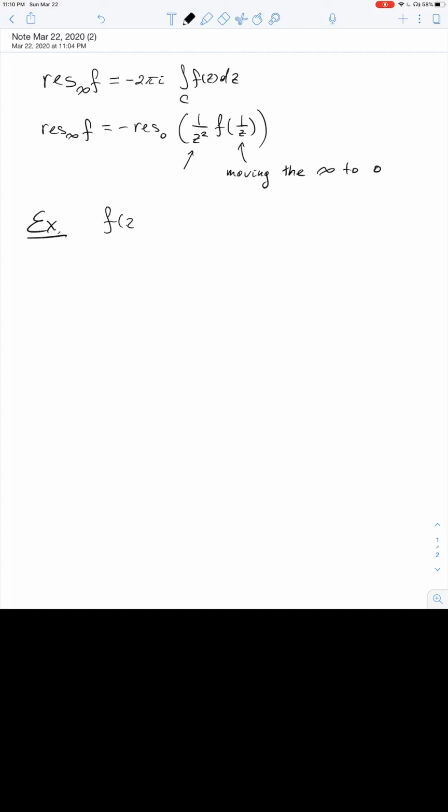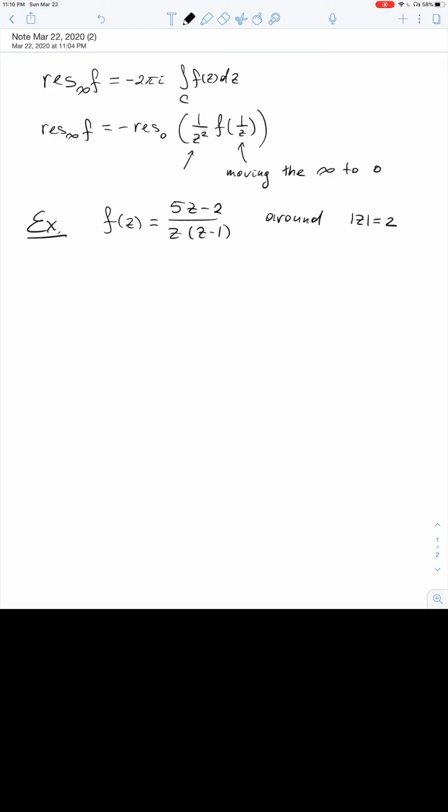So let's integrate this function, and if you look a couple of pages back, you'll see that we've already integrated it around the same circle. So we already know the answer.